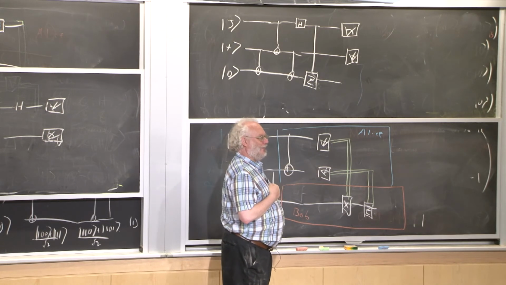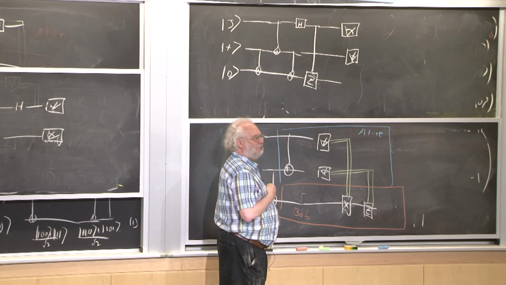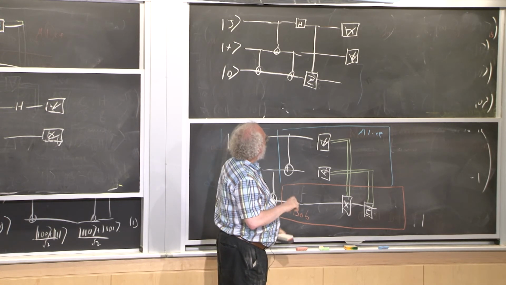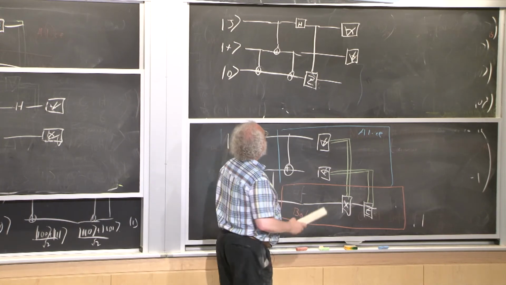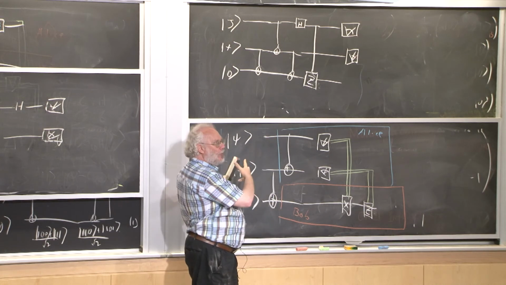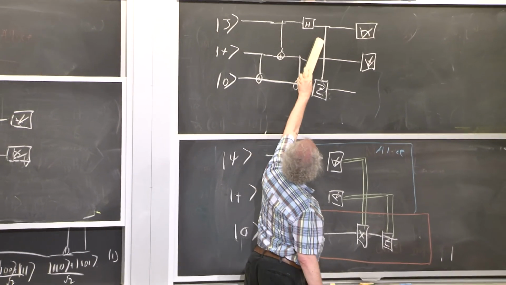Right. And so if someone just hands you a unitary, is there some way to tell whether or not that can be done? Well, the only reason we could do that, really, is these 2 measurements afterwards, which we could commute back over this gate and that gate.